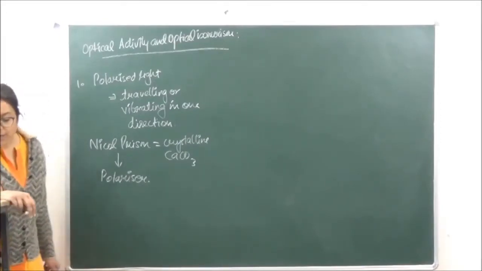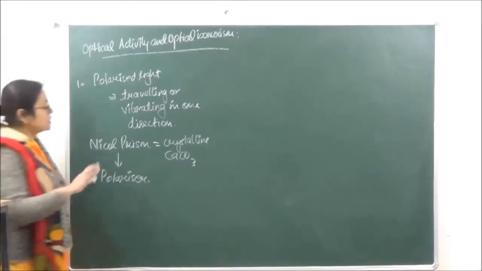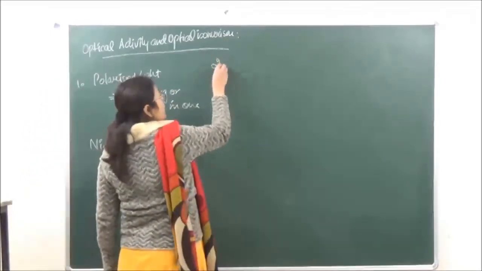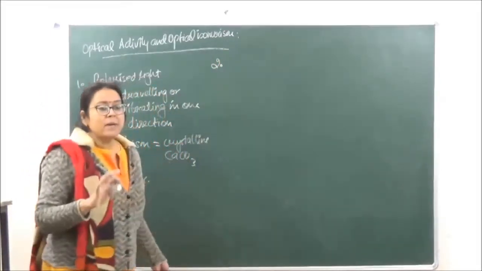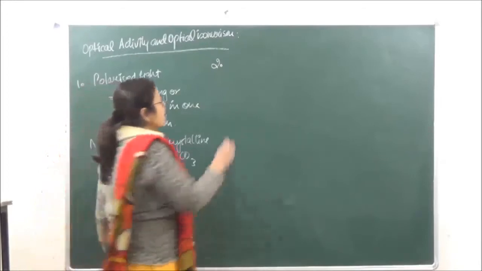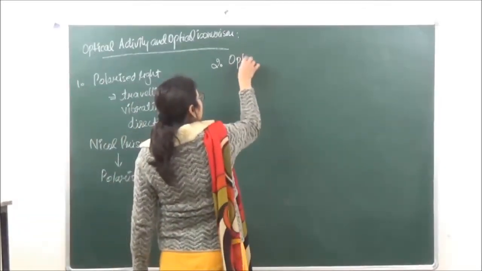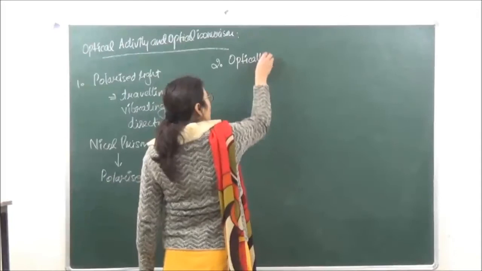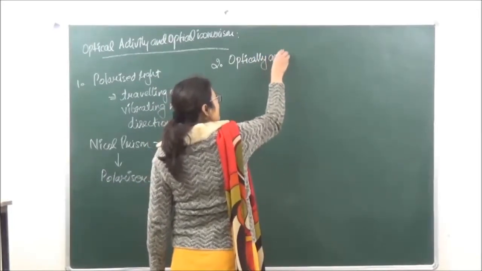Okay? Now over here, there are certain substances which have the tendency to rotate the plane of polarized light. These substances are said to be optically active substances.